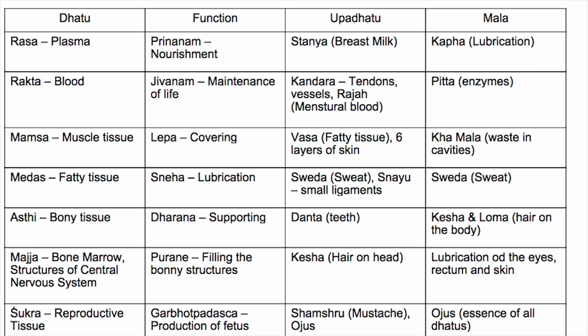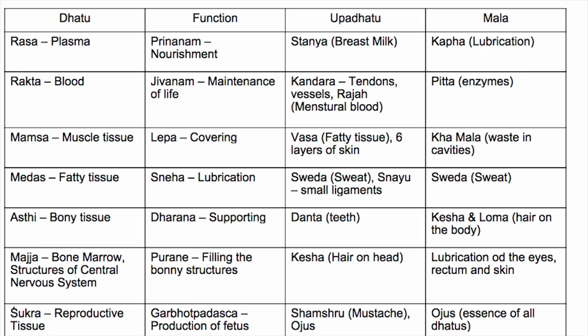But even though this is the upadhatu, or the other associated production in the process of nourishment of rasa dhatu, the stanya is there in women, as well as the essence of that is also in men. Even though the stanya, the breast milk, doesn't come out in men, that's because there is a lack of a particular enzyme that produces that. However, it doesn't mean that byproduct isn't there. That byproduct is used in a different form of nourishment in the body.